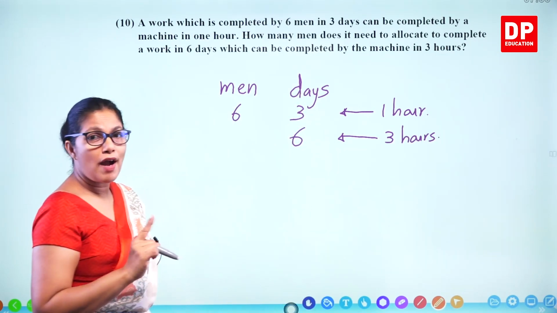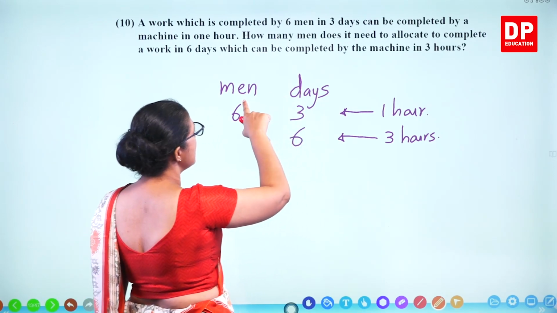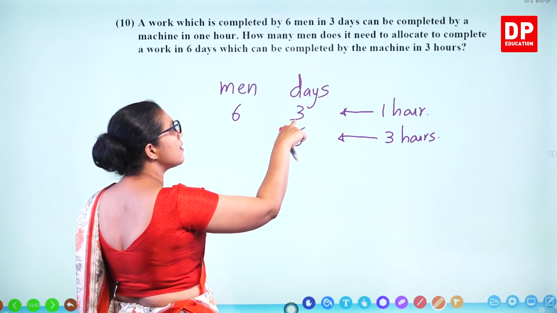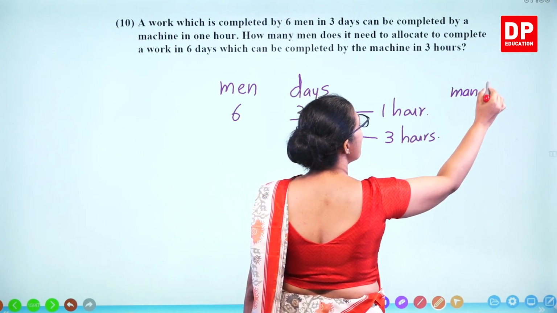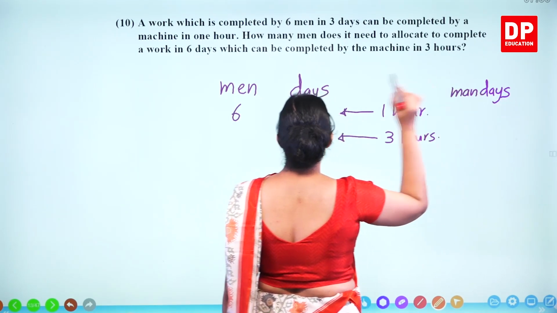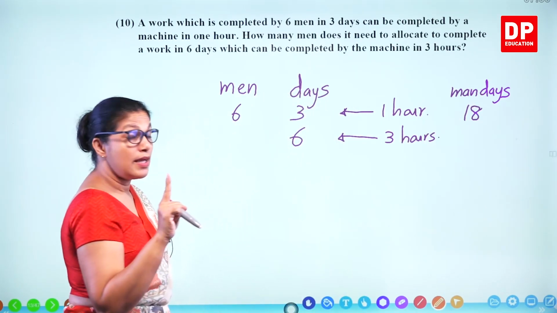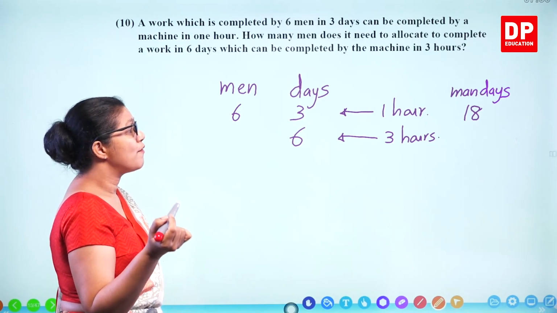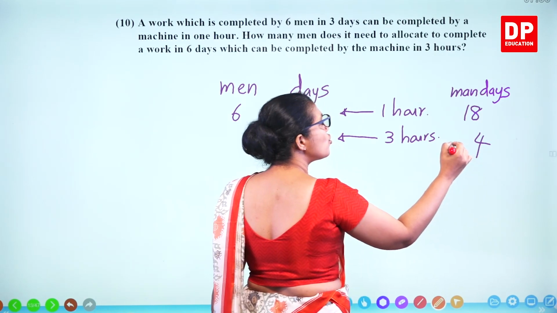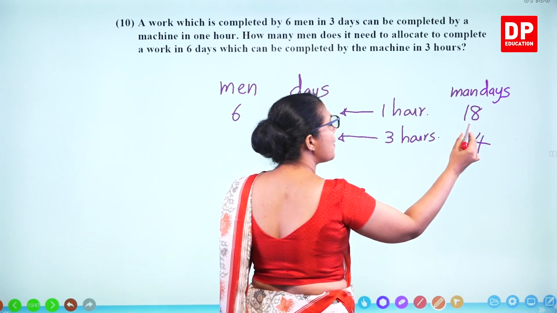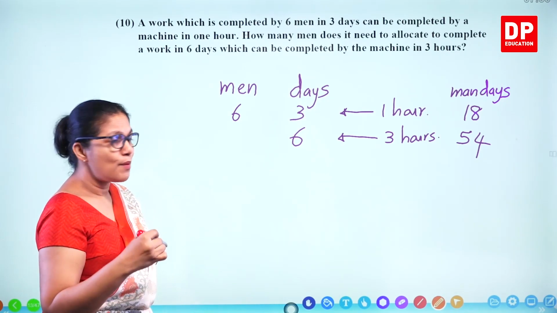So you need to find out man days. If 6 men can complete in 3 days, how many man days are there? 6 times 3, 18. But this is for 1 hour. If it's 3 hours, you have to multiply this by 3. 3 times 8, 24. 2 remaining. 3 times 1, 3 plus 2, 5. 54 man days for the other work.